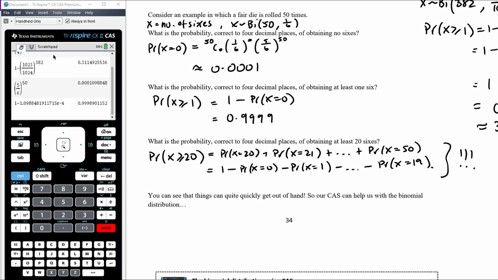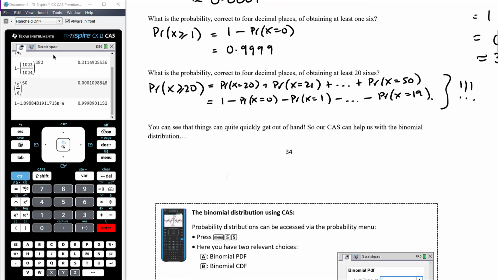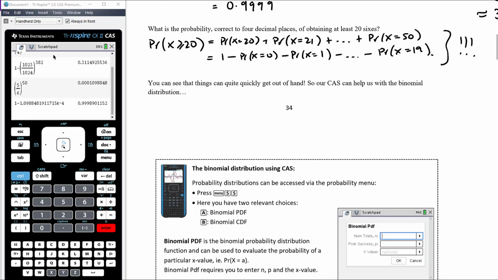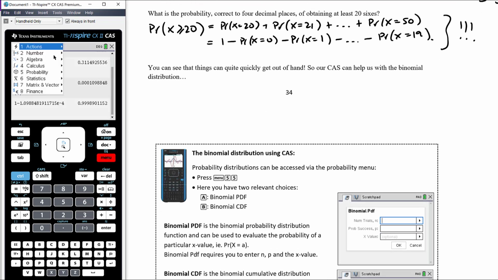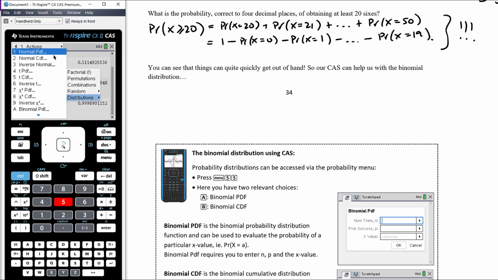In this situation, we would use the inbuilt binomial distribution functions in our CAS. If you press menu, 5 for probability, 5 for distributions, the binomial ones are down towards the end of this list. Scroll down here. A and B and C and D are also relevant. We'll come to those in the next video. A and B are probably what we're looking at here.